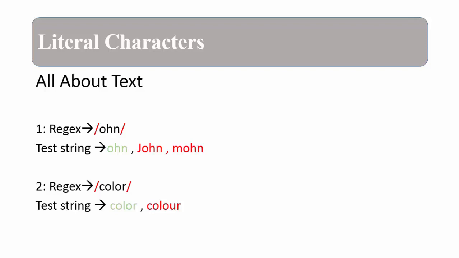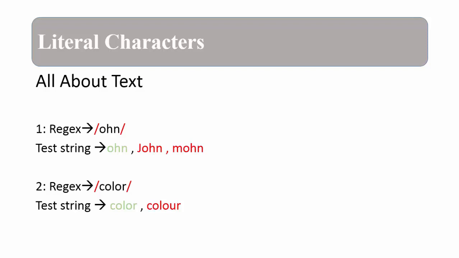Also both spellings are true. But remember I told you that regex is not a language. Also it's not a programming language. It's just the representation of symbols and its arrangements to track text. That's why it will only match color but not colour.